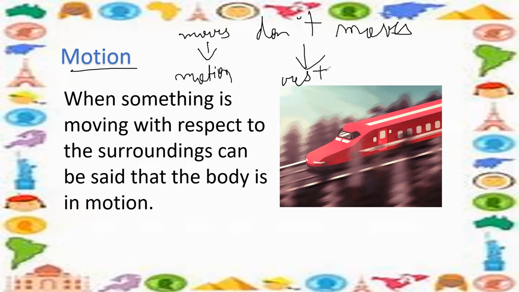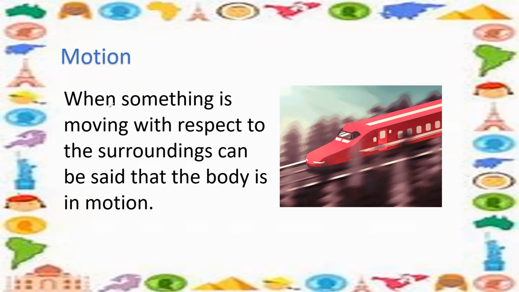But still, not everything that moves or everything that doesn't move is in motion or at rest. There is some confusion between them, and we will clear those confusions. When something is moving with respect to the surroundings, it can be said that the body is in motion.